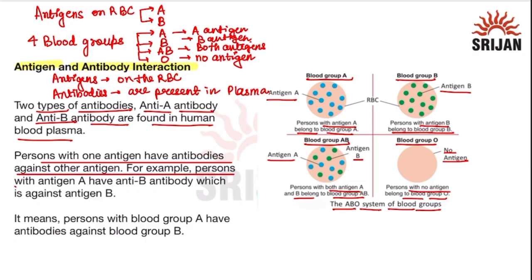For example, a person with antigen A will have anti-B antibody against the antigen B. If we take a person with blood group A, it has antigen A present on the RBC, and in the blood plasma, anti-B antibody will be present against the antigen B. It means a person with blood group A has antibodies against blood group B. So a person with blood group A cannot receive blood from a person with blood group B, because in the blood plasma of the person with blood group A, antibodies are present against blood group B, and antigen and antibody will react.